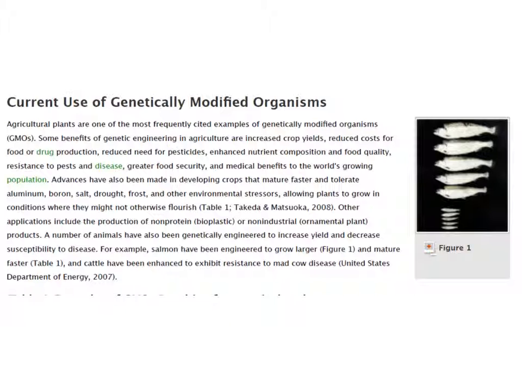So for this particular section, ask them to read the section on the current use of GMOs to themselves and mark up the argument. So what is being argued here? And in general, they'll be talking about the benefits, right? So the benefits of genetically modified organisms. So as they work through that together, make sure that they look at the table.